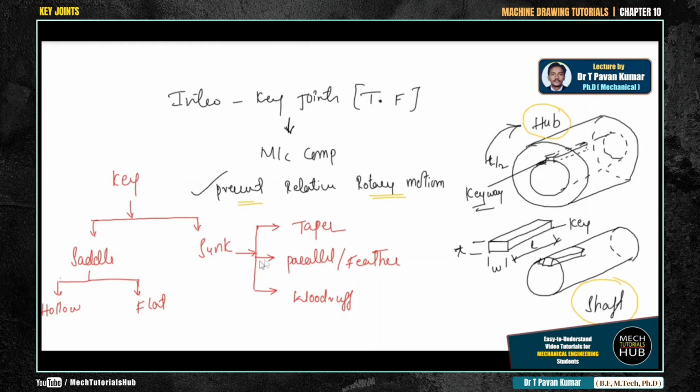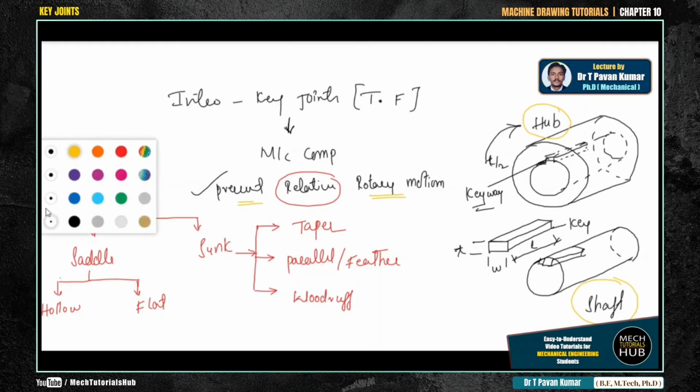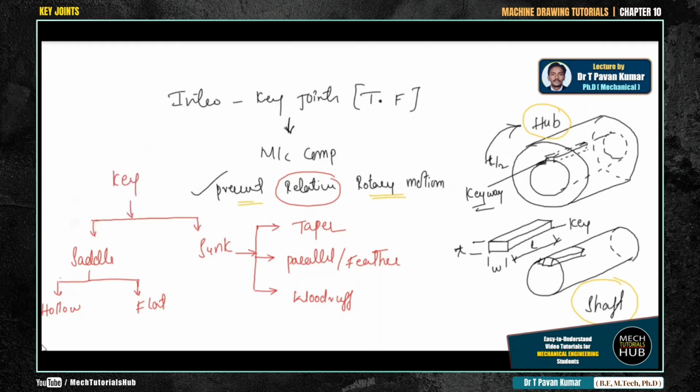Whether it is a saddle key or a sunk key, the ultimate aim is to prevent relative rotary motion between the elements. That is clear. But why are these classified into so many types? It all depends on the usage of the key. Saddle keys are used in low duty applications.